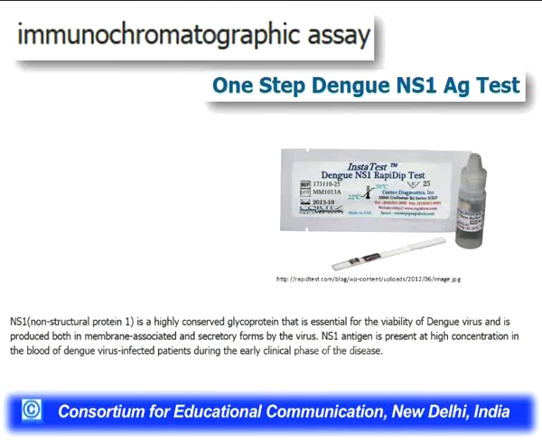So in dengue virus infected patients, there is a high concentration of NS1 antigen present in the blood circulation. The scientists thought that if they could detect this NS1 antigen circulating in dengue infected patients, they could easily confirm whether the patient is suffering from dengue or not.